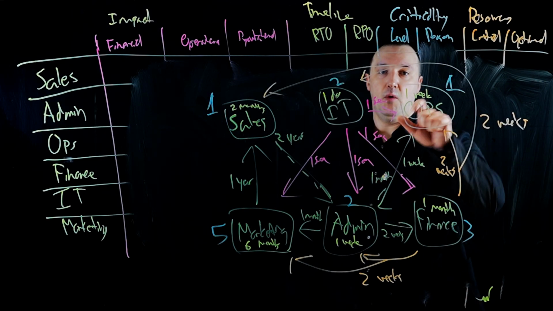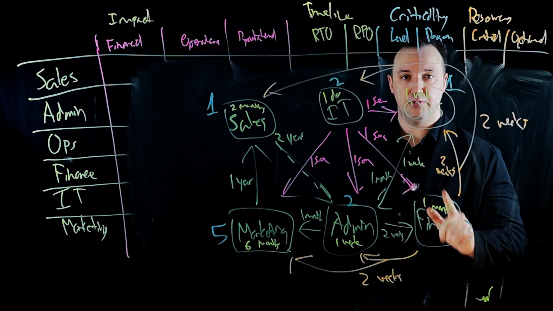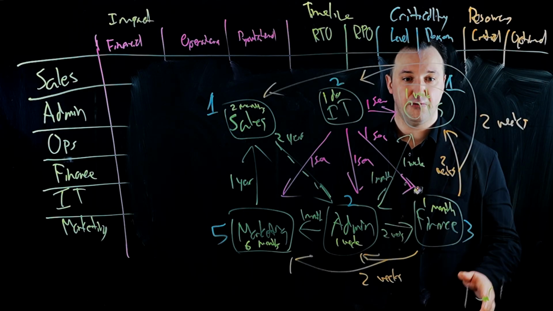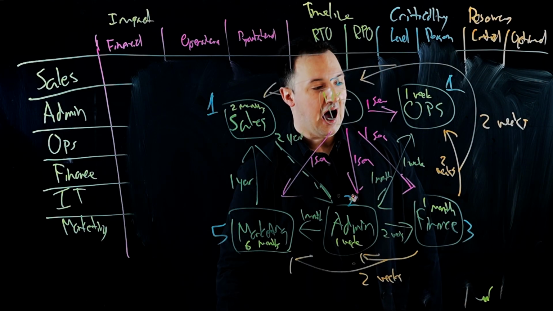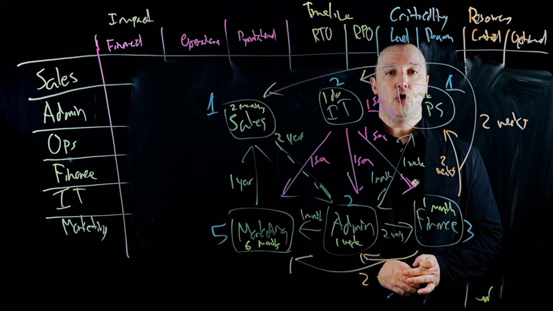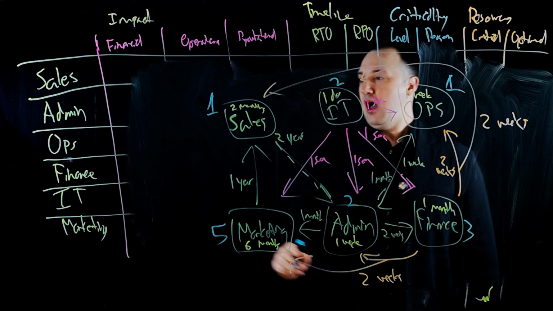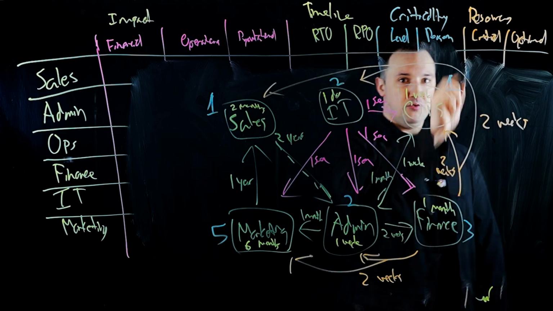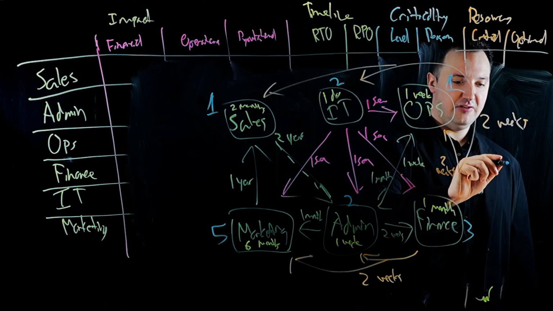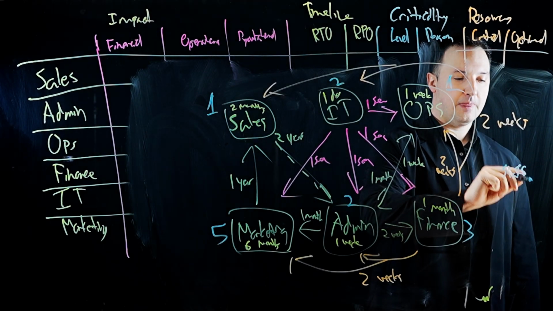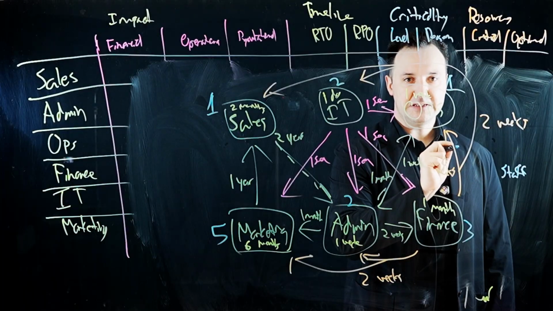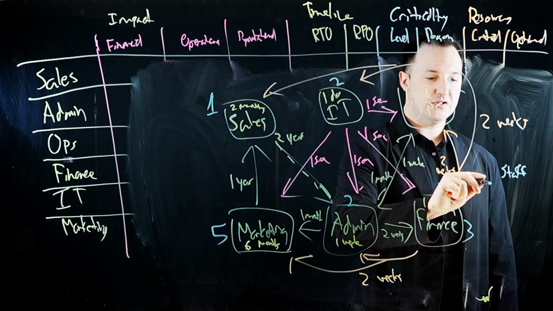Got it. 1 week plus 2 weeks plus 1 month, approximately 4 weeks, is 7 weeks. I need to make sure that no matter what, all of the staff could die, doesn't matter. My finance critical resource of staff have to be completely replaceable and back up in operations within 7 weeks.